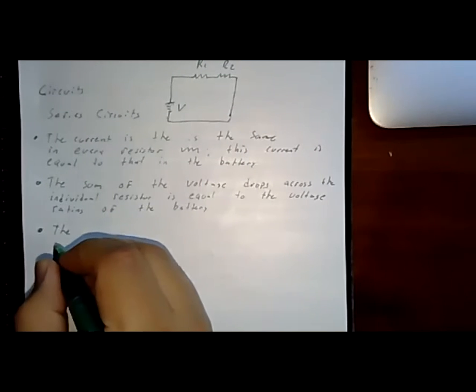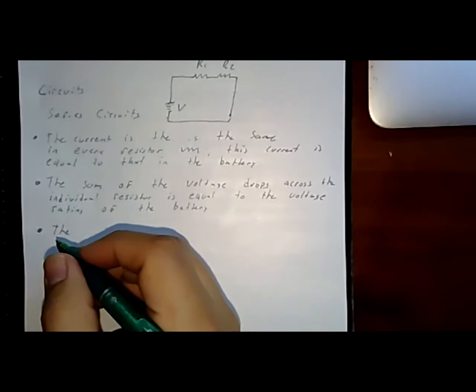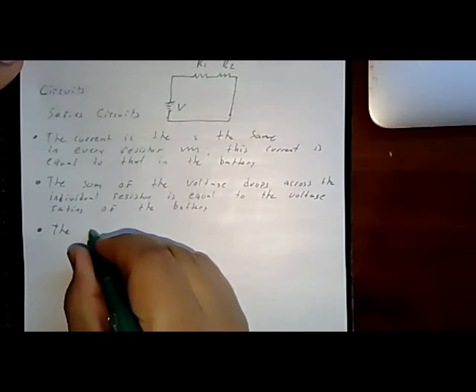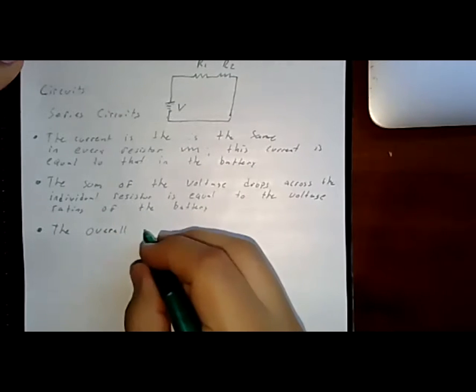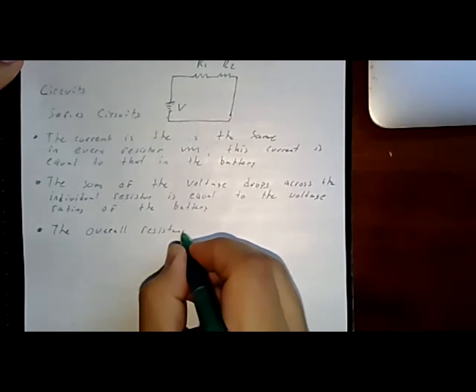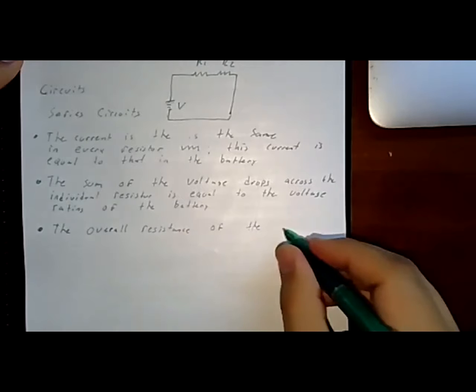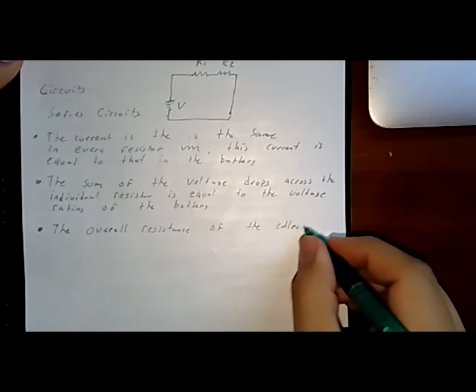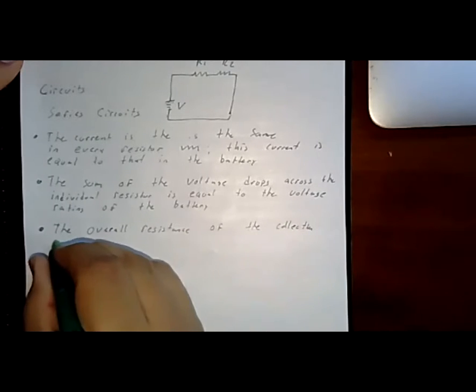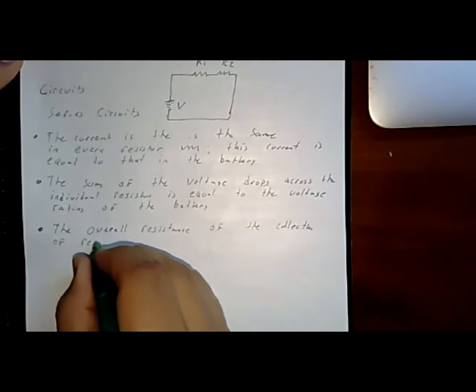But the most important one is the resistance, because that's what you need to calculate first before you do anything. The overall resistance of the collection of resistors. So there's a bunch of resistors.